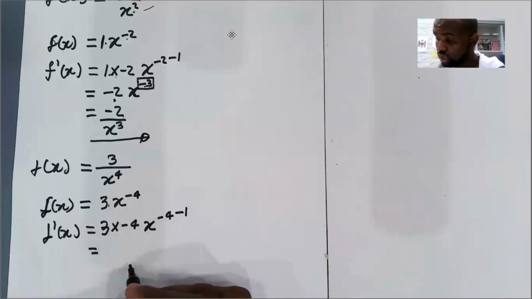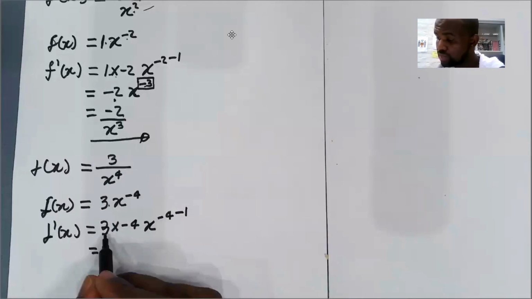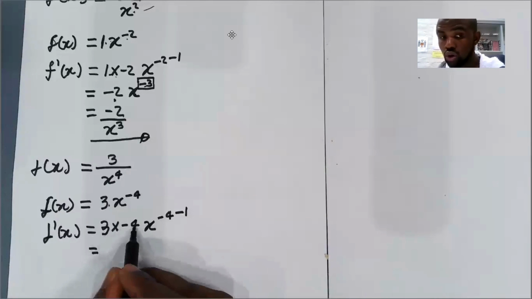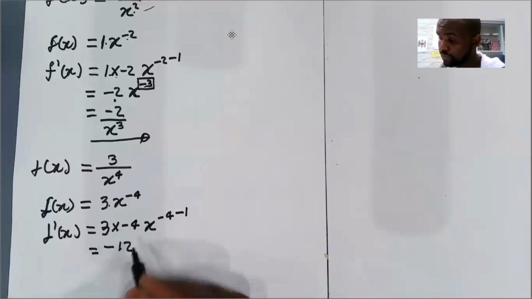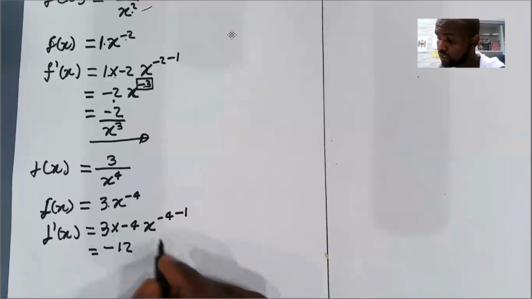I hope you see that one. And then 3 times negative 4 is negative 12. Then negative 4 minus 1 is negative 5.